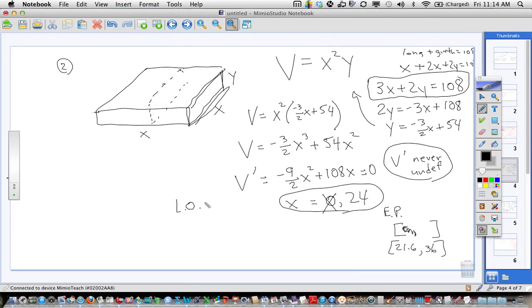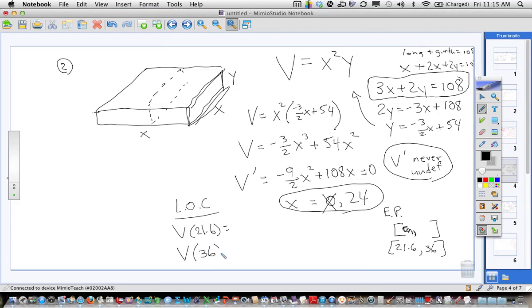So in our list of candidates, we would have V of 21.6, which we had done earlier. But it's actually a different volume formula now with different x, isn't it? So that would change. And no, because that'd be just a cube. So I'll bet that comes out the same.